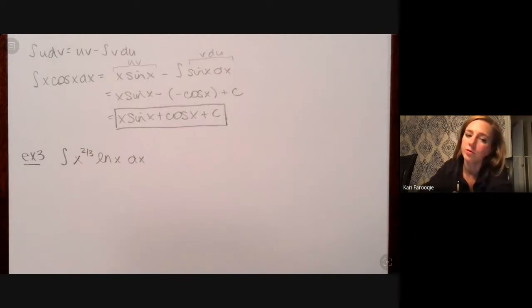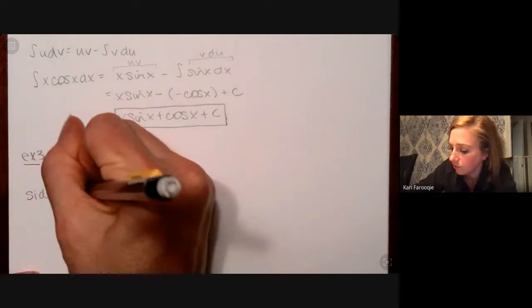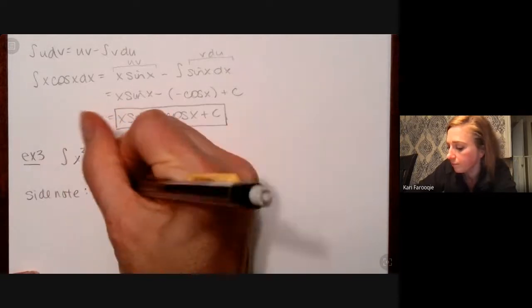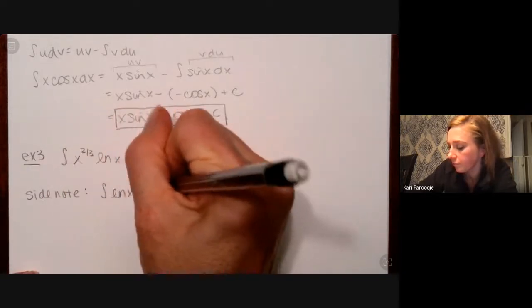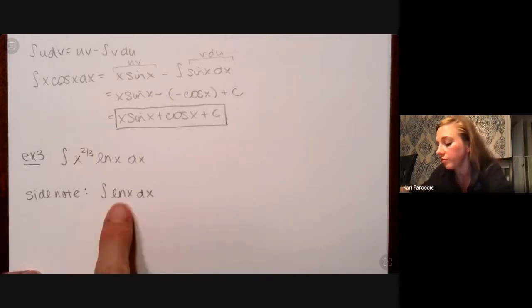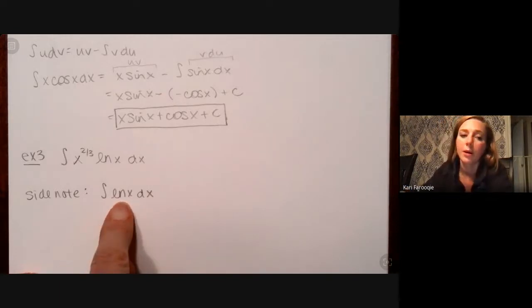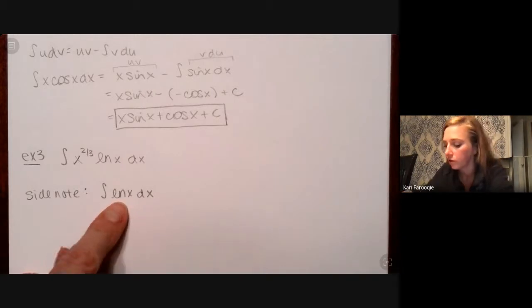I kind of want to do just ln x. Let's do that first. I'm going to call this a side note. This is one that you're going to see a lot. If you don't see it like this with ln x dx, you might see it as an inverse trig function, like maybe the inverse sine of x or the inverse cosine of x dx, and so on.